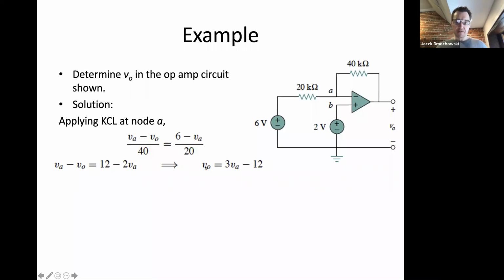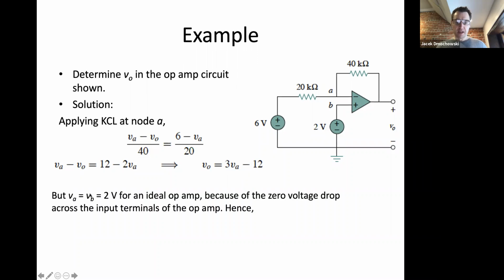And so you can solve for V naught as a function of VA. V naught is 3 VA minus 12. But VA is equal to VB is equal to 2 volts, and so V naught is going to be equal to 3 times 2 minus 12, which is equal to minus 6. So it's not quite equal to minus 12.